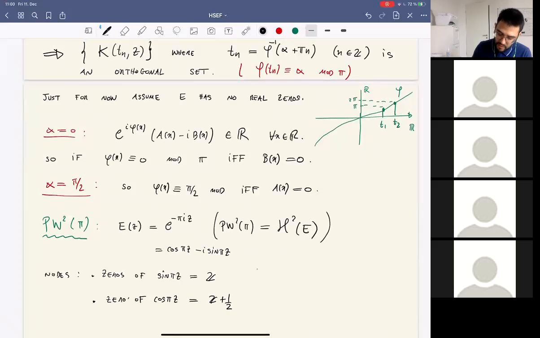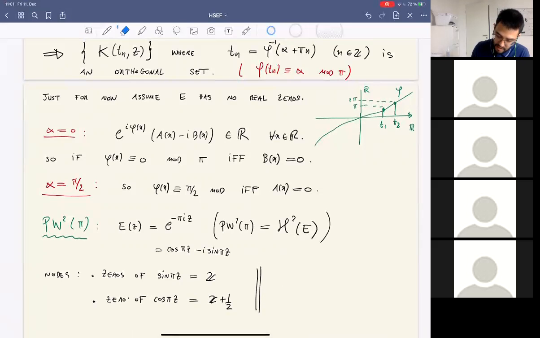But if you want to compute in general, what's the phase function associated with this function? We'll have to figure out what function we have to multiply so this thing becomes real.